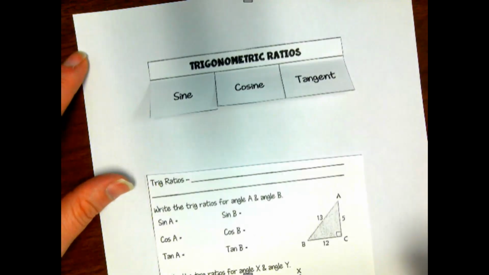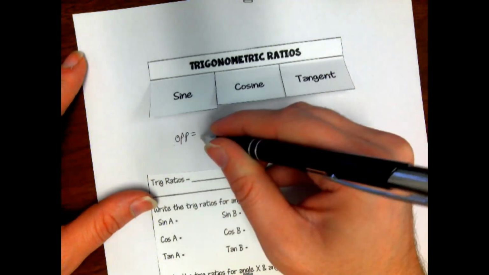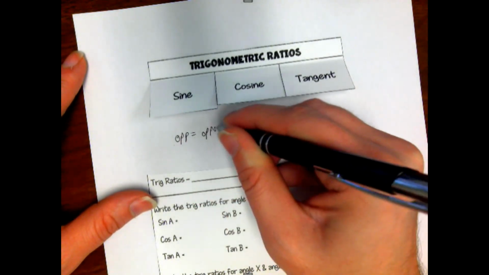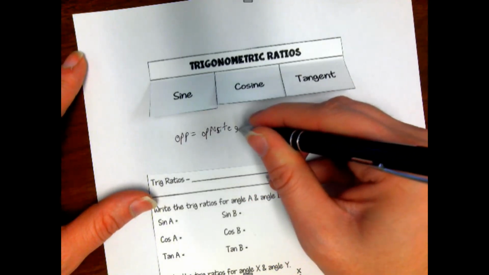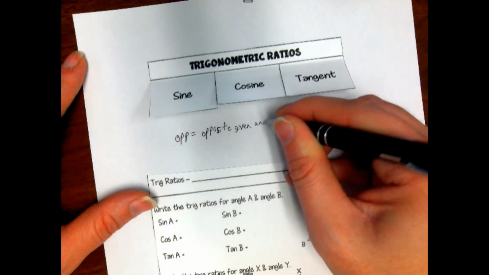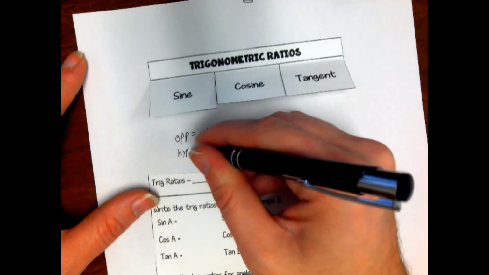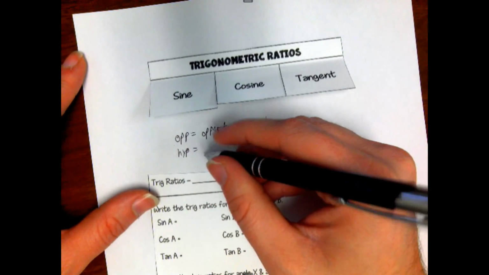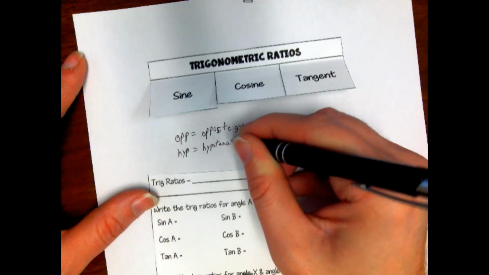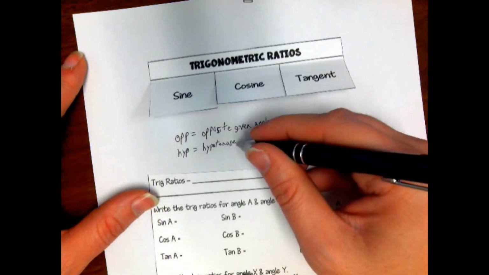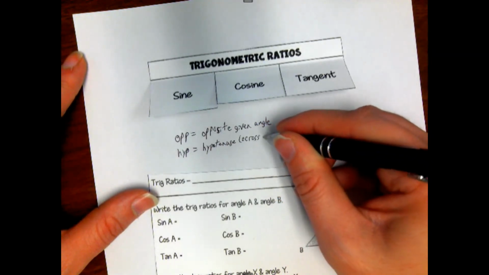Now, a few definitions. Remember that opposite equals the side that is opposite the given angle. The hypotenuse, or HYP rather, is the side that's across from the 90-degree angle, also the longest side.